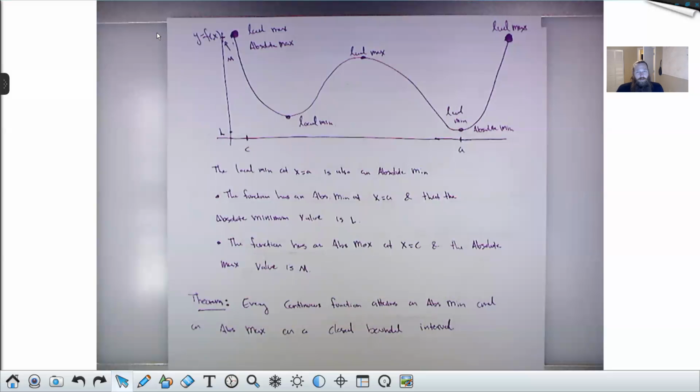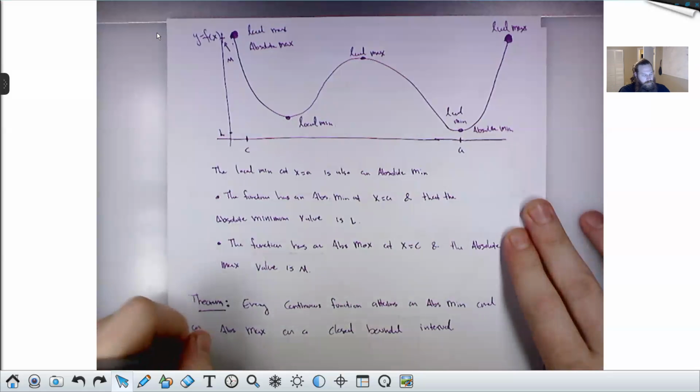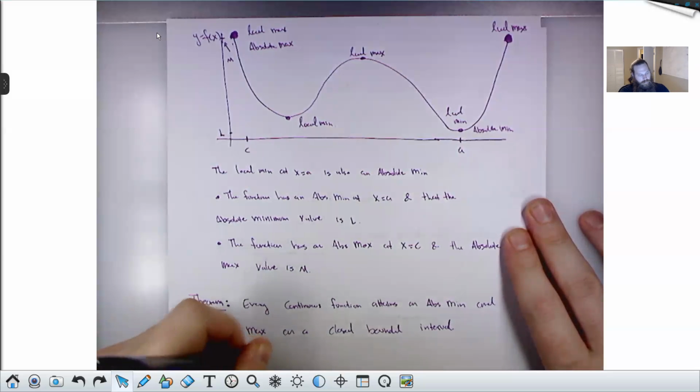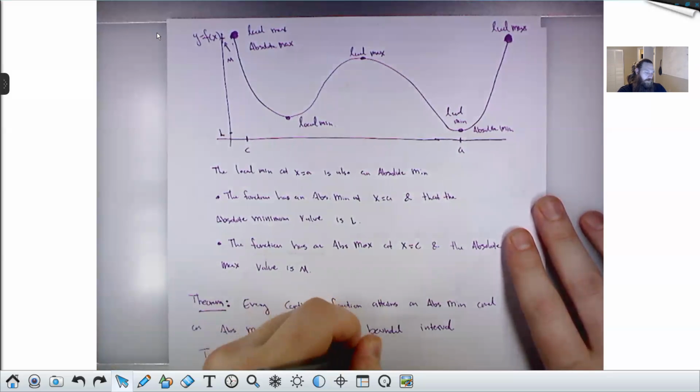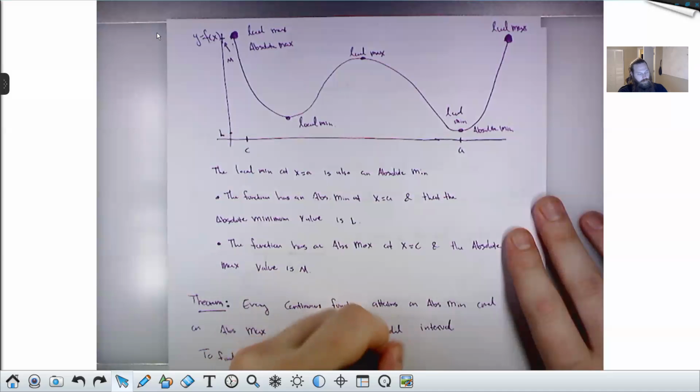So one of the things that you may encounter in your homework, I might give you a function and a closed bounded interval and ask you to find any local mins, local maxes, absolute mins, and absolute maxes. And there will always be an absolute min and absolute max if I'm restricting to a closed bounded interval. To find these, first, you want to seek out all horizontal asymptotes, well, not asymptotes, I'm sorry.